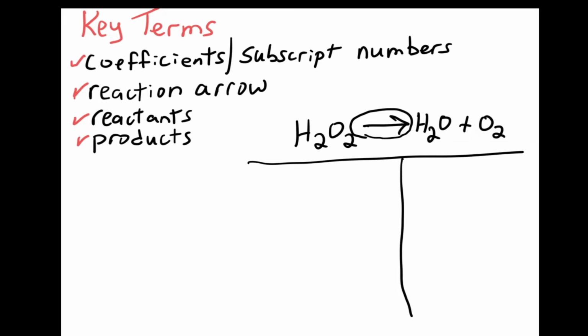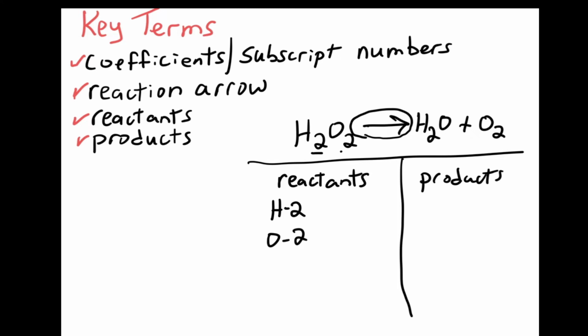On the left side of the reaction arrow are the reactants. To the right side of the reaction arrow are the products. To the left of the reaction arrow, in the reactants, there are going to be 2 hydrogens and 2 oxygens.